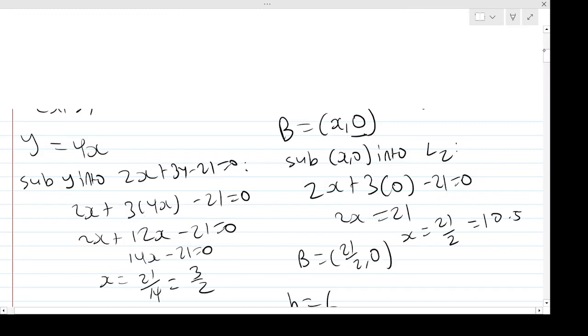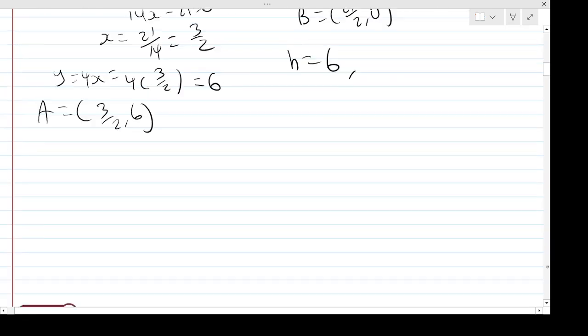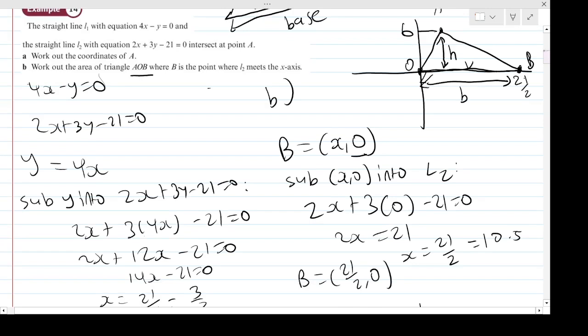And then we also need the base, the length at the bottom of the triangle. That's just 21 over 2, because it's going from 0 to B, and B is 21 over 2. So the base is 21 over 2, and the height is 6.